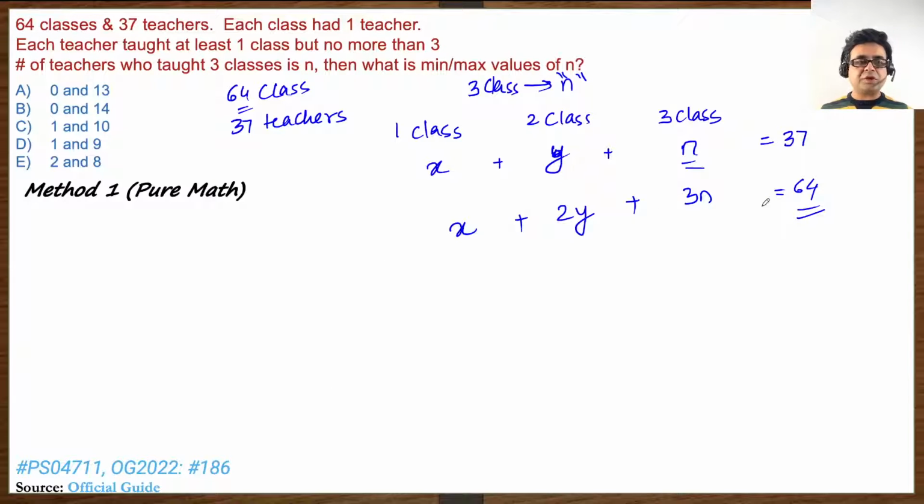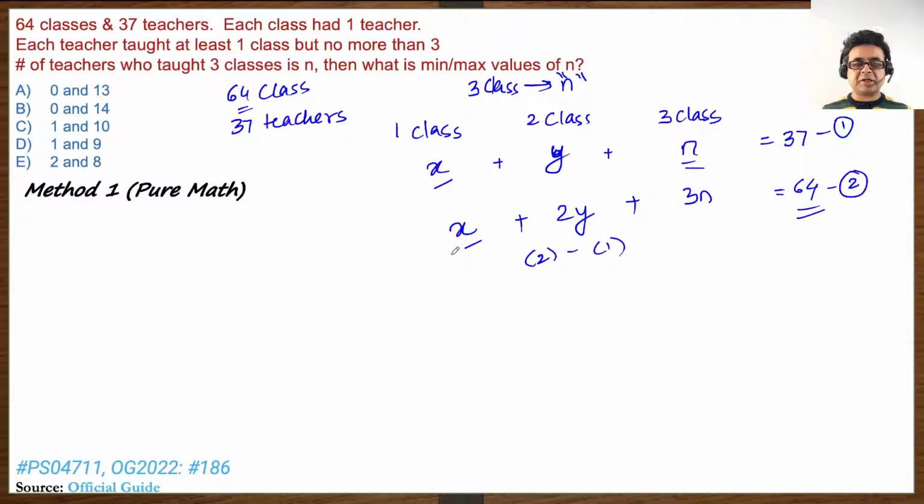Now we have 2 equations and 3 variables. However, you can quickly notice that this has the same magnitude, x and x. If you subtract these equations, the x would cancel out. So I will call this equation number 2 and this equation number 1, and I'm going to do 2 minus 1.